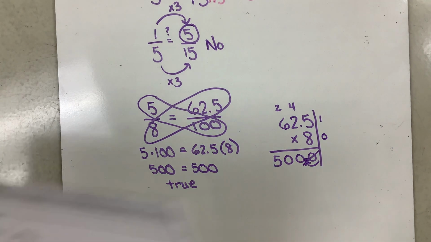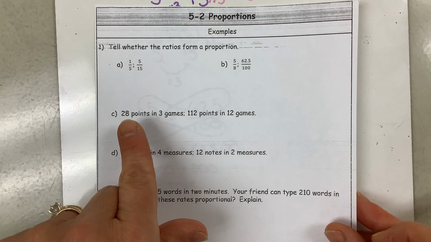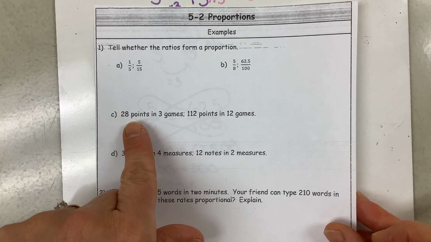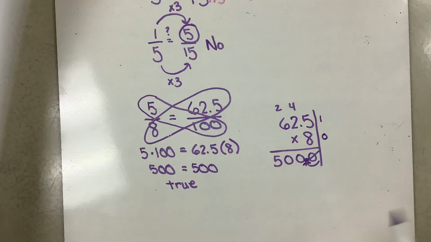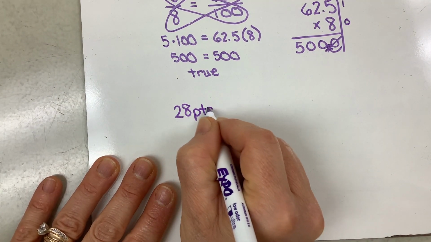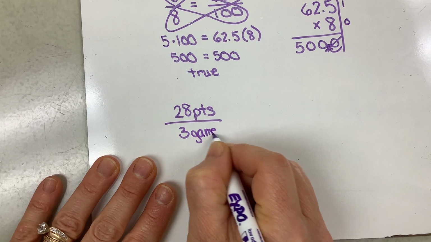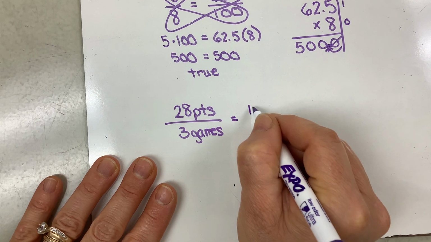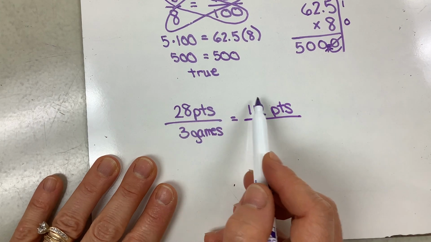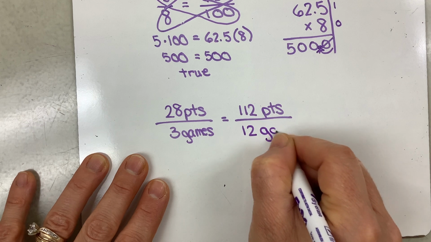Alrighty, so we can also do the same thing when we have words. This says, remember from lesson 4.1, whatever's first is going to stay in the top. So 28 points in 3 games. So we're going to say 28 points in 3 games. And we want to know, is this proportional to 112 points? That's again going to go in the numerator because points are both up top, and 12 games.